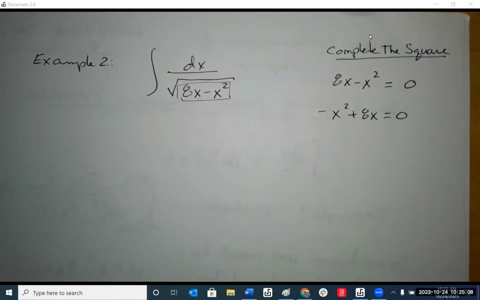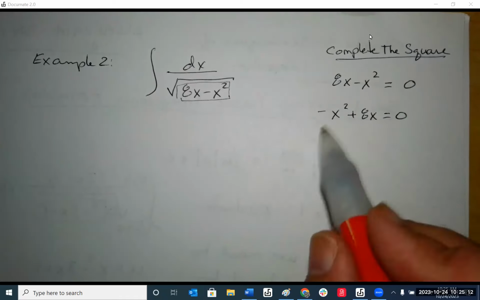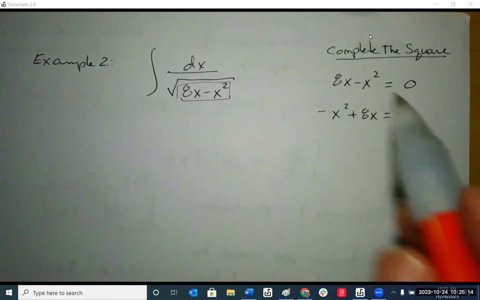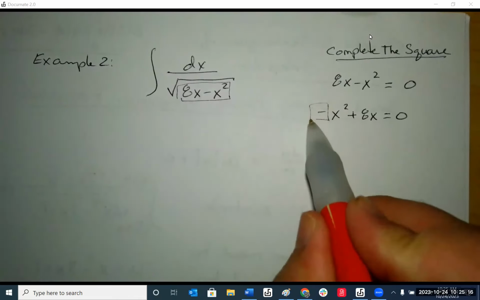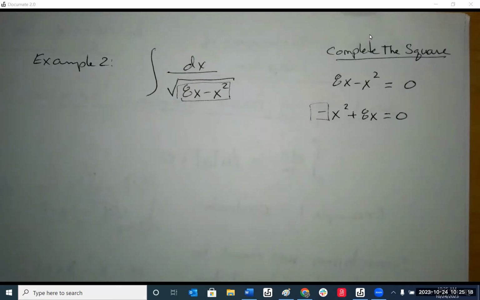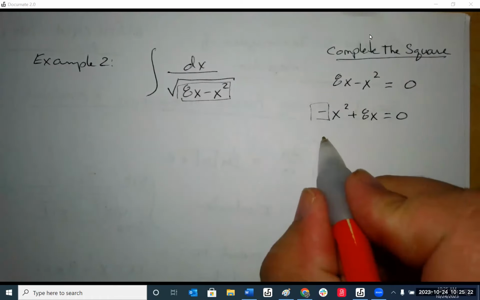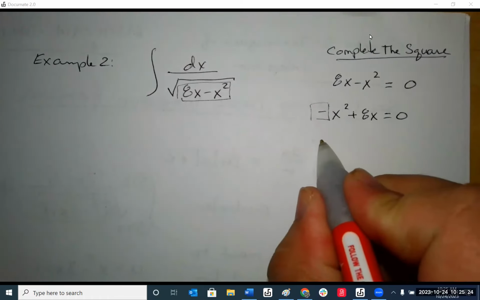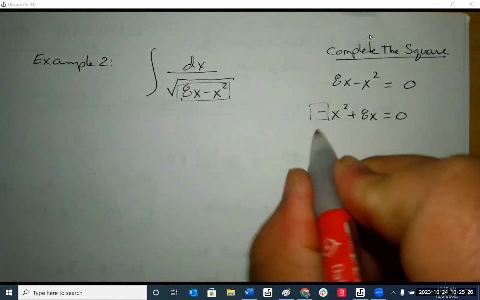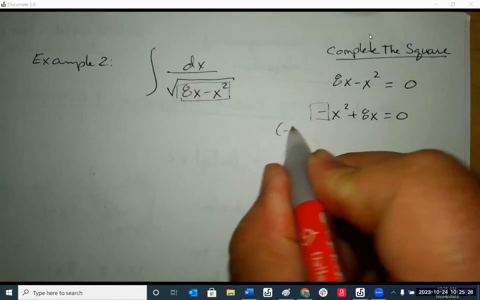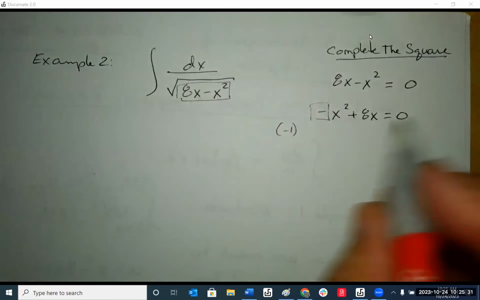When completing the square, we have to have a leading coefficient of 1. So we change the signs across the board. So we divide by -1 or multiply by -1 or just change the signs across the board.